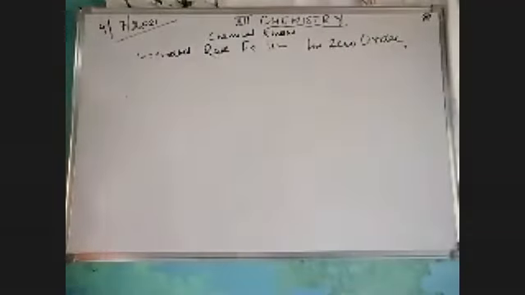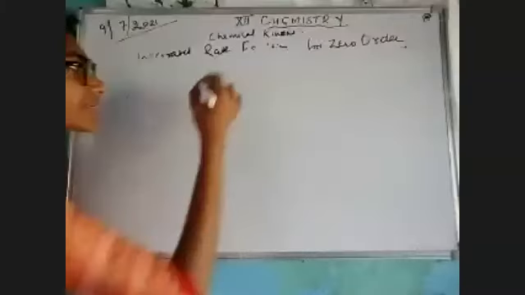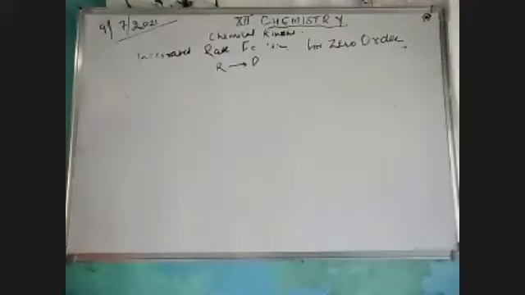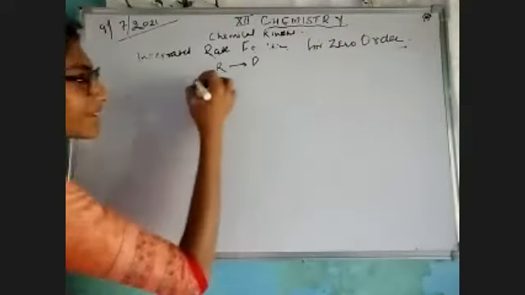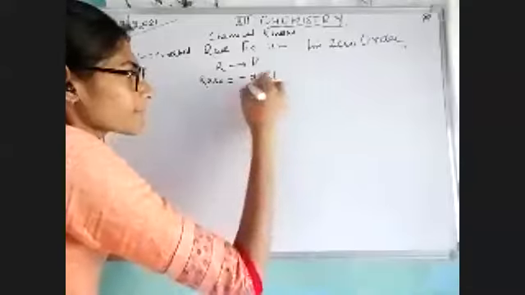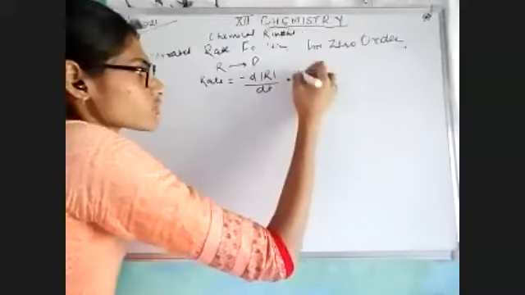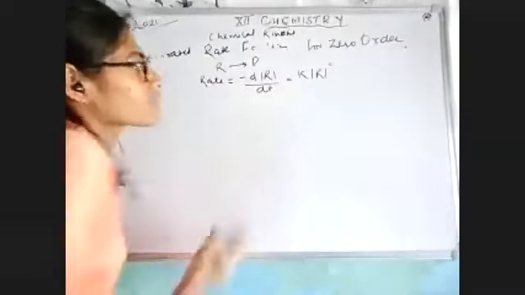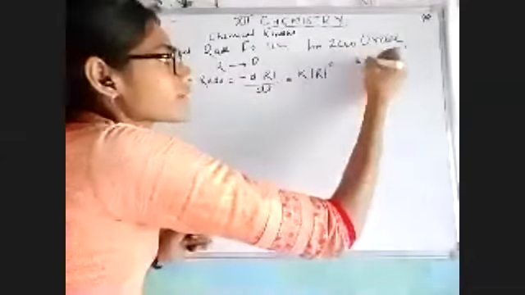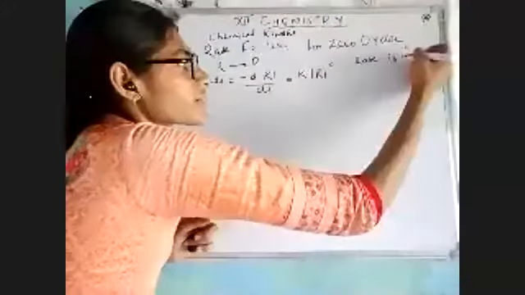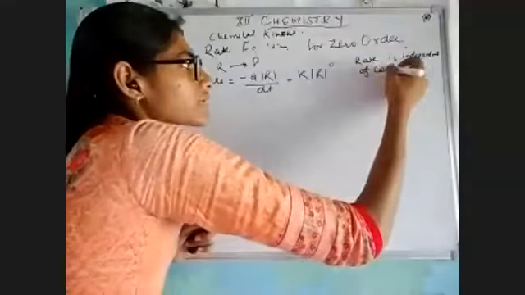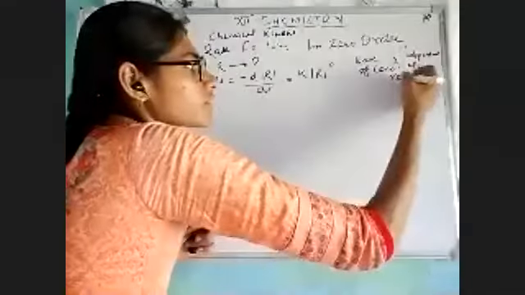Zero order means that my reactant is converting to product, and my rate is equal to minus d[R]/dt equals k[R]^0, right? Because zero order means that my rate is independent of the concentration of the reactant.